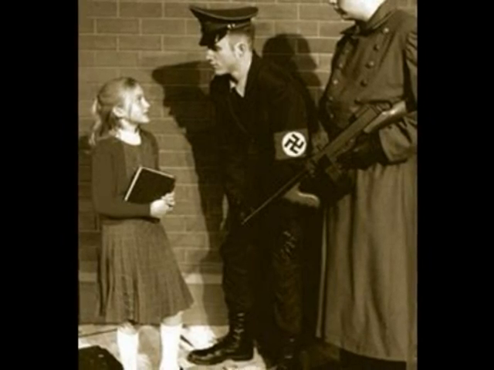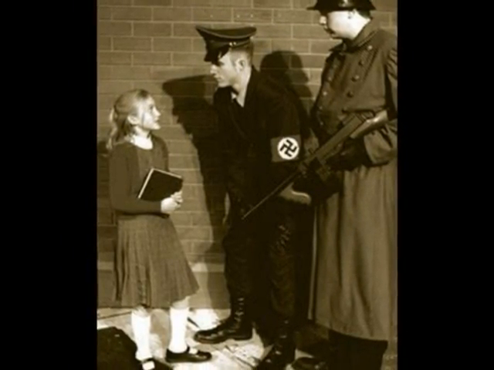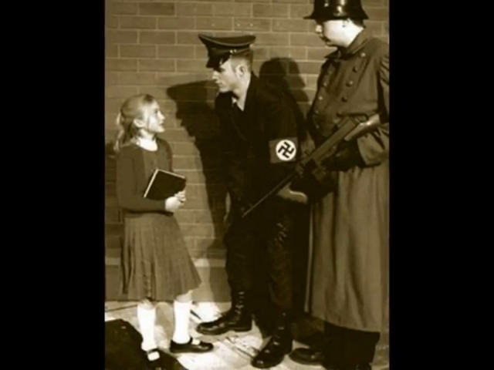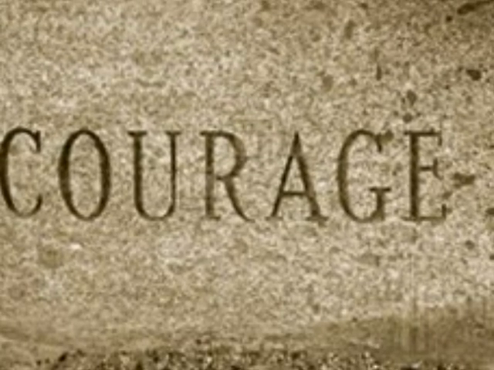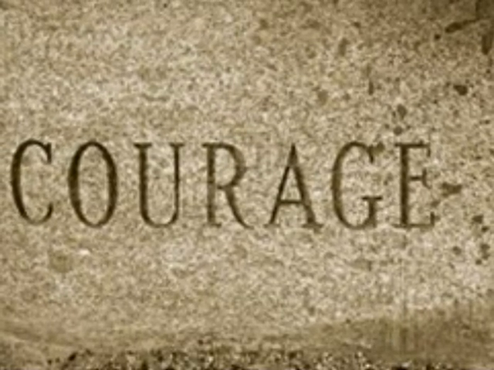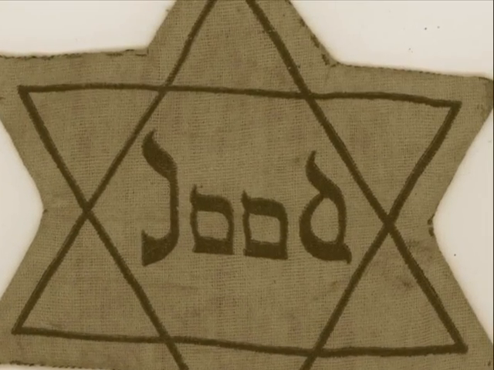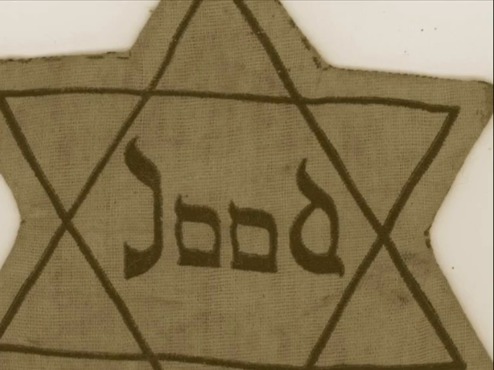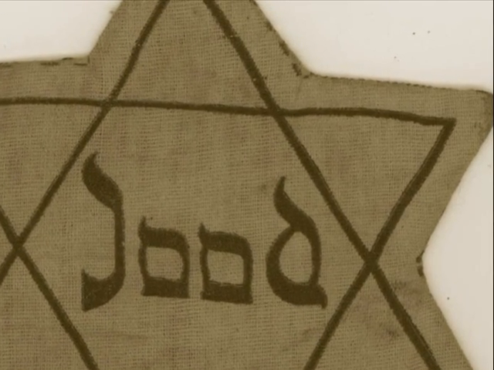This picture, you see a little girl stopped by two Nazi soldiers. The word courage is written into a stone. This picture shows a Star of David patch that Jews had to wear for identification purposes.